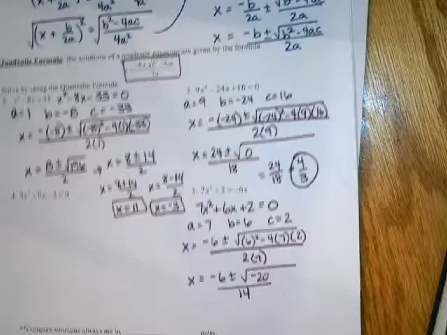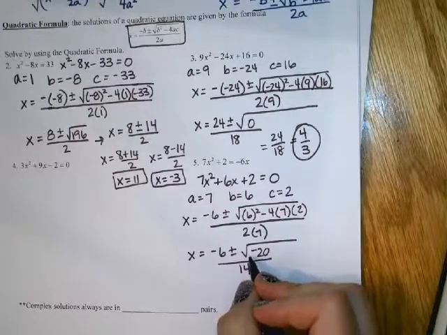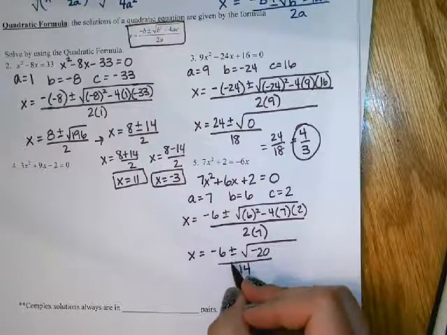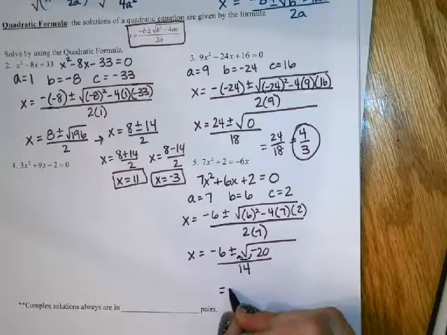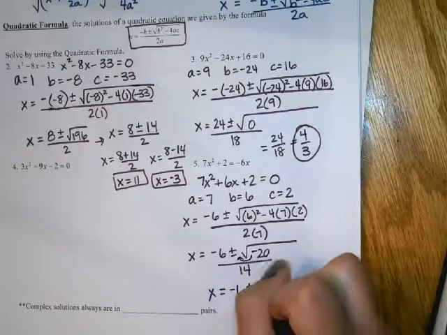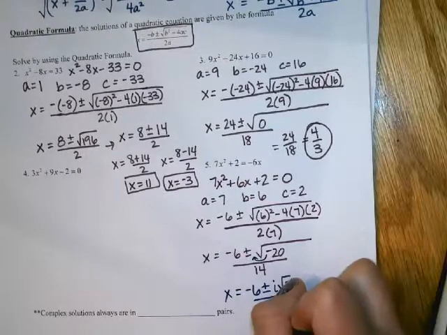What do we know about negatives under radicals? They're imaginary, so it gets to come out as an i. So I have x equals negative 6 plus or minus i root 20. Can we simplify the square root of 20?